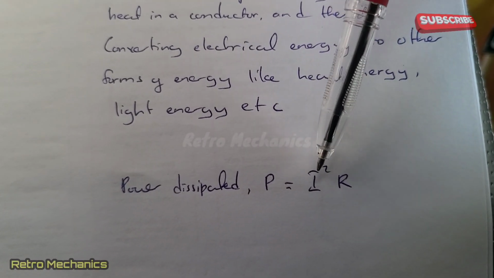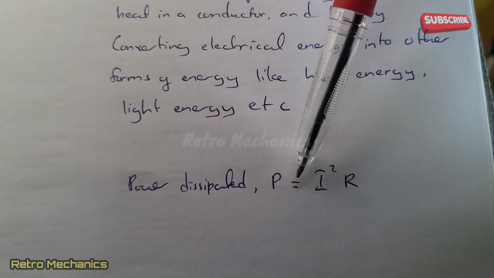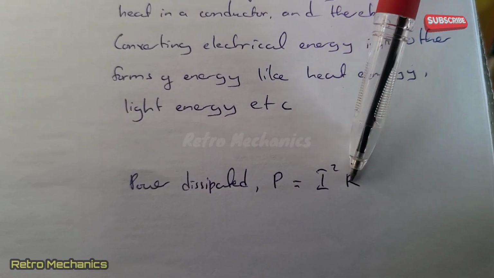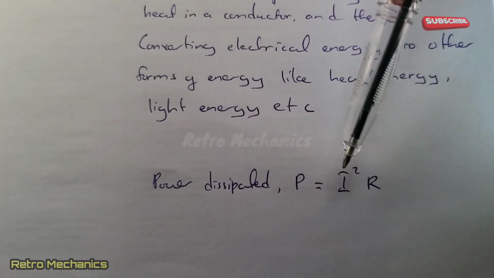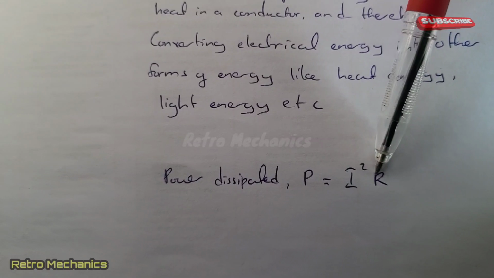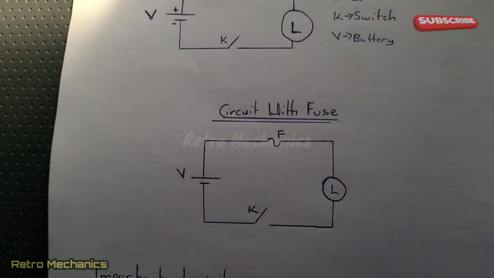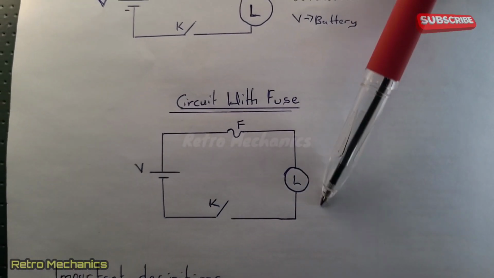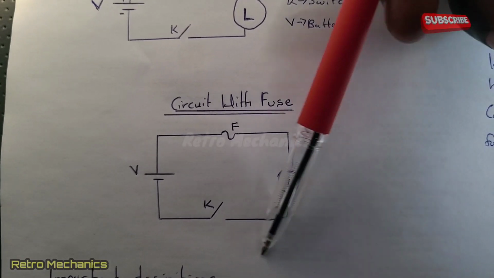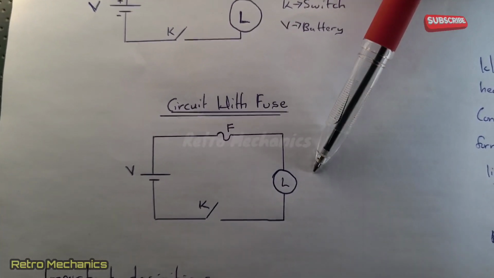Power dissipated is measured by I squared R. It means the higher the current, the higher the power being dissipated in an electrical circuit. As we understood before, whenever the electrons are flowing, they dissipate heat in a circuit.